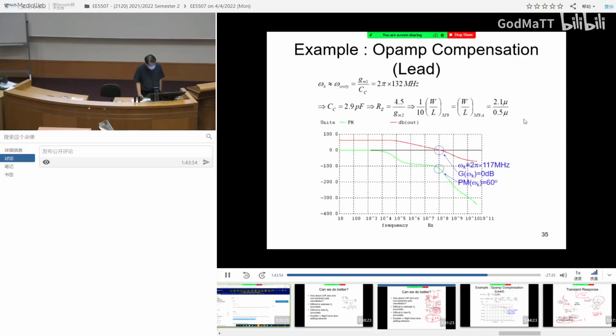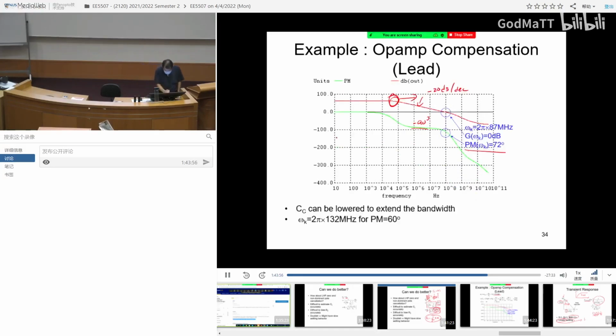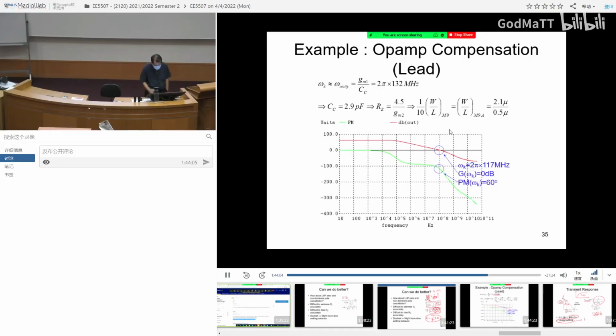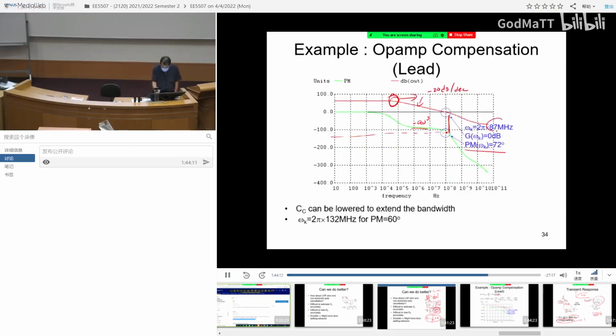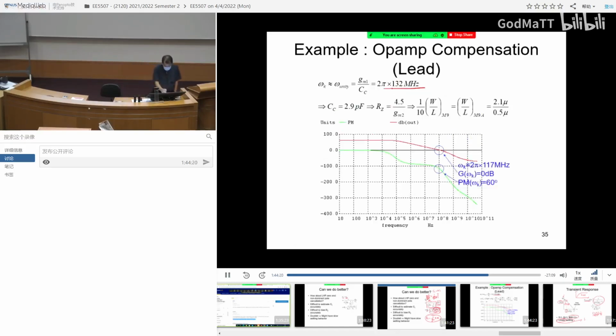So here we find that if I want to go to 60 degrees, I look at this point. So I look up, okay? I find that to get 60 degrees, my new frequency is actually 132 megahertz, compared to this simulation, 87 megahertz. So now you are able to widen the frequency further to 132 megahertz.